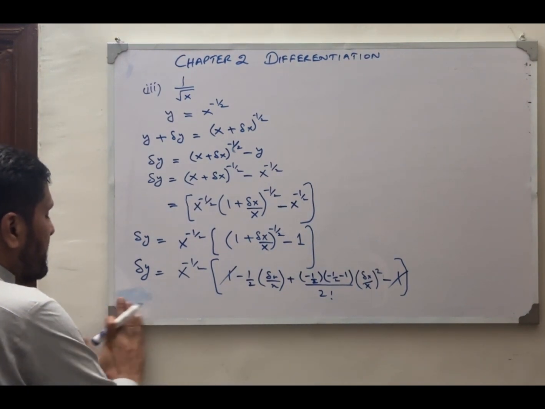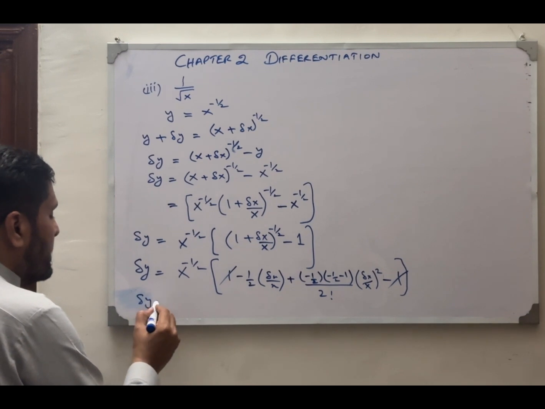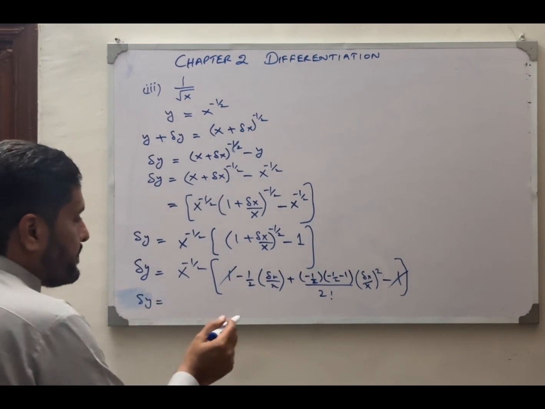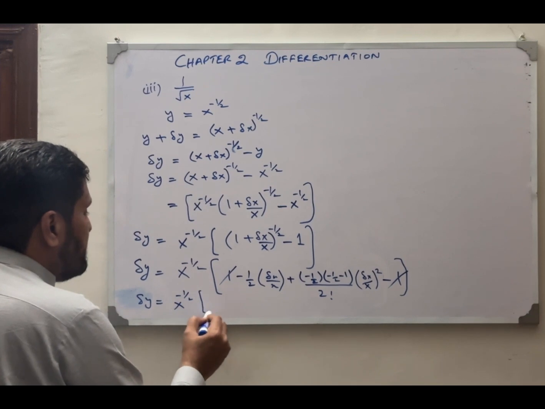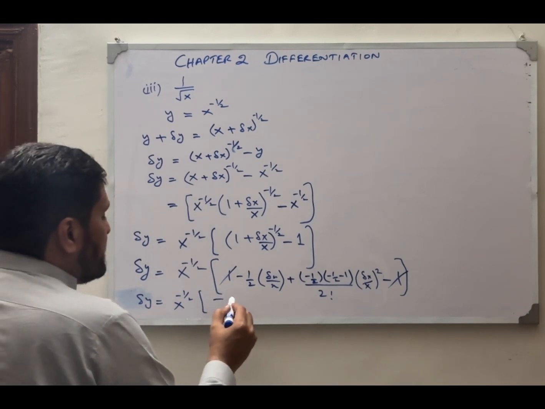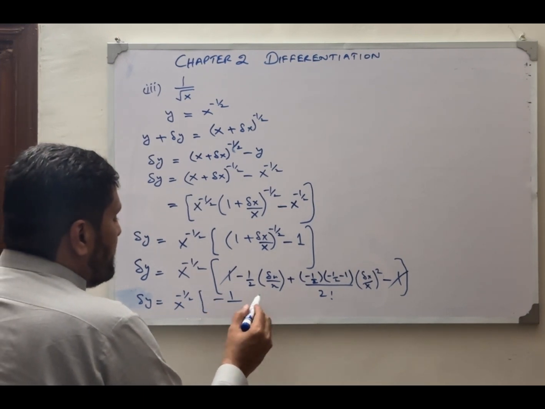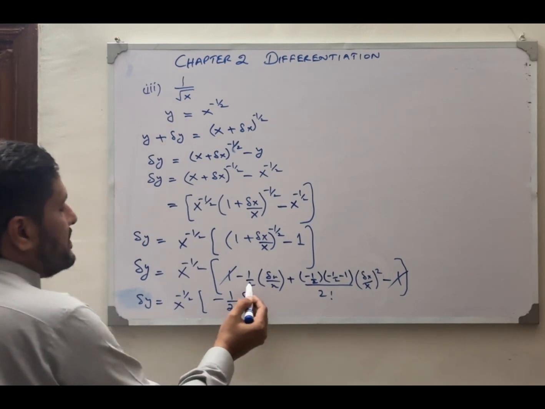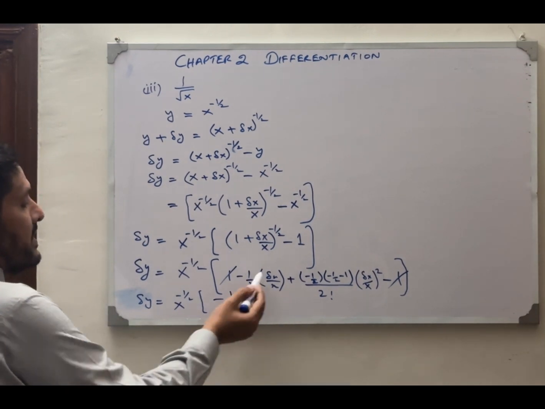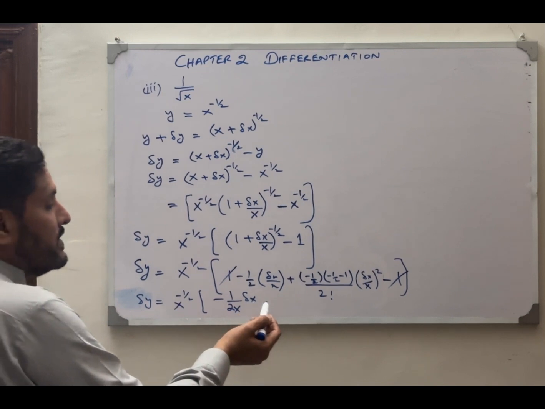delta y is equal to x power minus 1 by 2 into minus 1 by 2x into delta x. This 2 will be multiplied by this x, and we have delta x in the numerator.